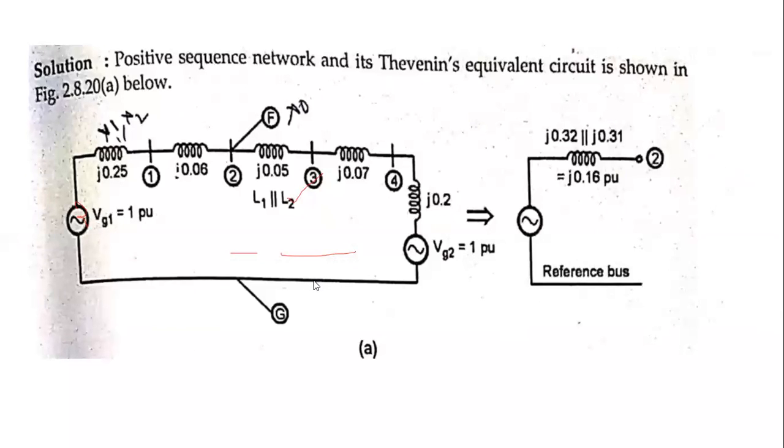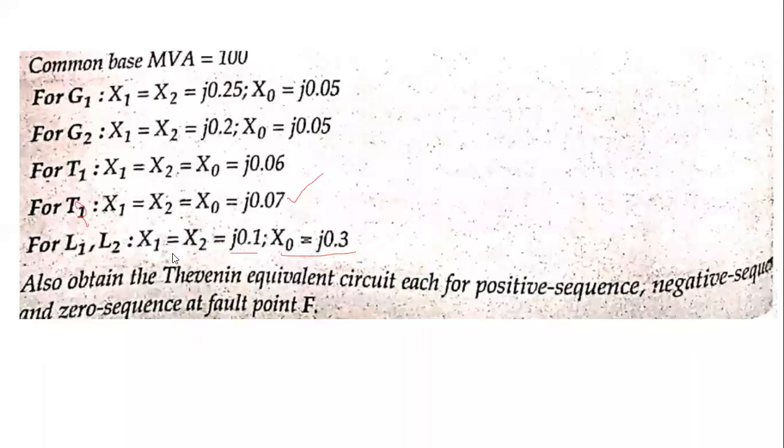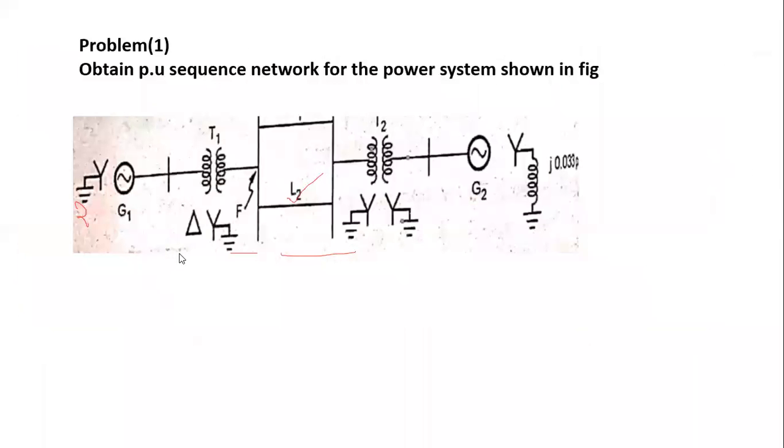What is the equivalent sequence network or reactance diagram for generator G1? It is a voltage source in series with the reactance. For the positive and negative sequence the value is J0.25, a voltage source in series with the reactance.